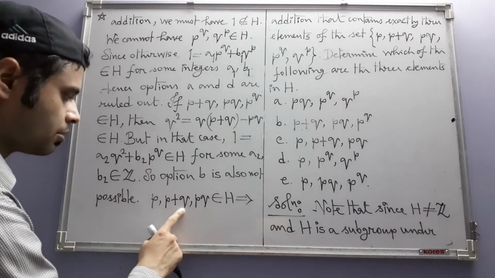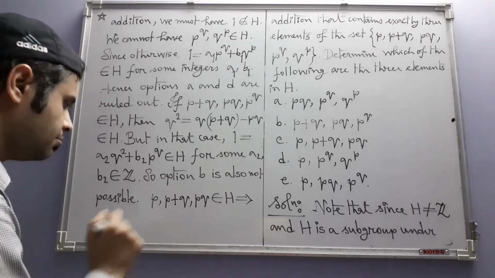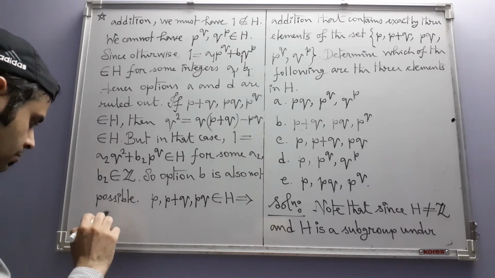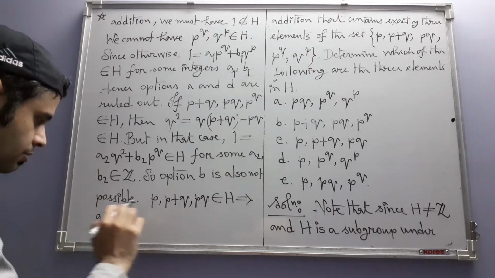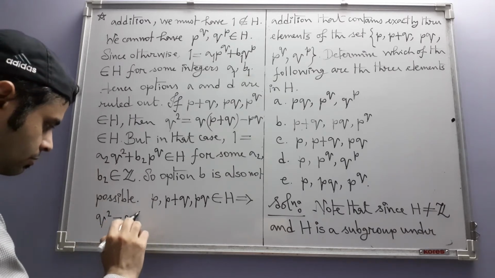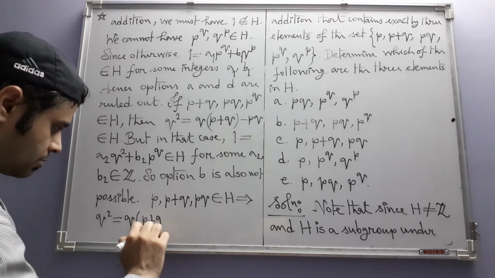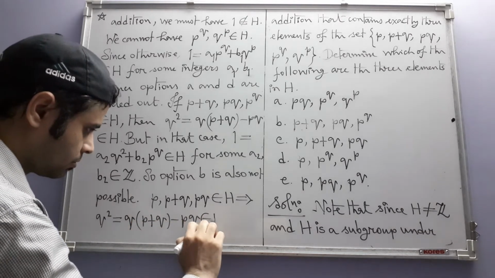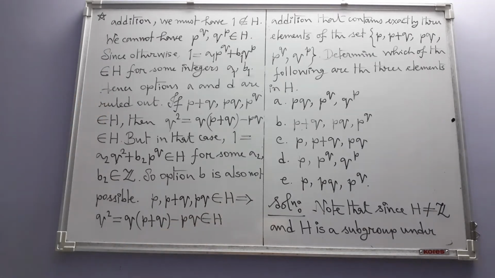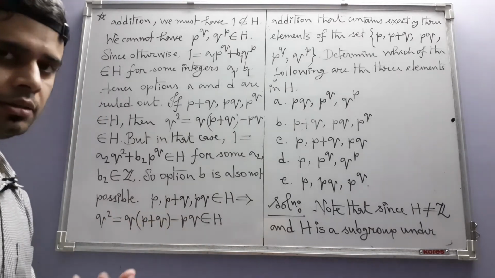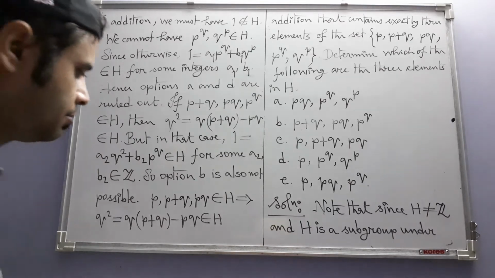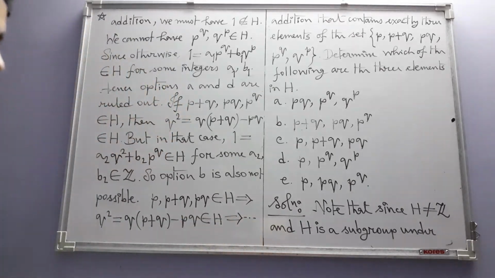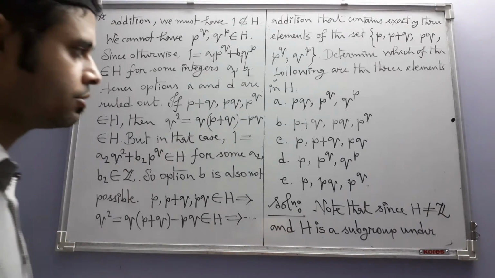Then q belongs to H. Same, then q square is equal to q times p plus q minus pq belongs to H. Now you have q square and p, which are again relatively prime, so you will get an impossible situation.